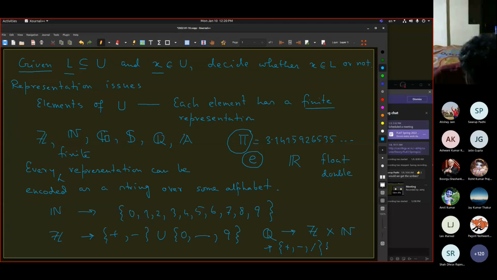So shouldn't we use N minus 0? No. Division by 0 is a crime. Don't do that. No, this is the denominator. This is the numerator. Denominator is always positive. Do not divide by 0.